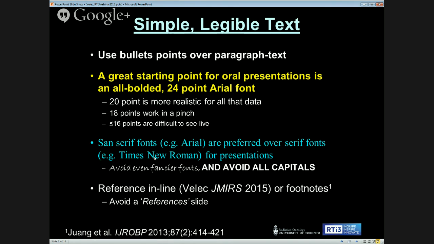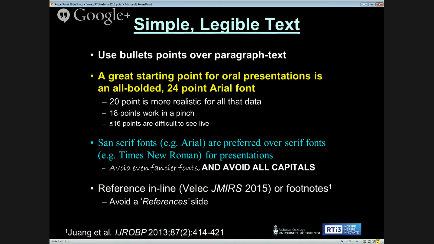I'm not sure why this is the case, but generally I think the consensus is that serif fonts are preferred for physical text. So if you're reading a newspaper or magazine, you'll by far see serif fonts like Times New Roman. But for some reason, in presentations, these don't work well. Okay, that's because those typefaces are very aesthetically pleasing. They look good. Up close, yeah. Up close, okay?